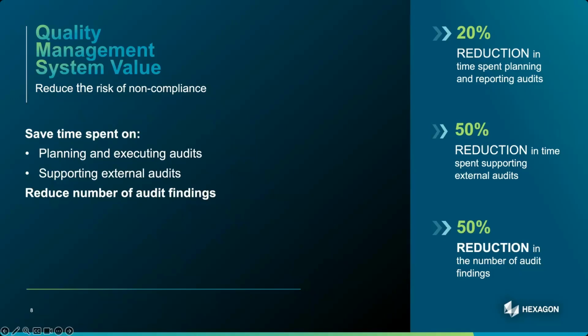These are real results that our customers received using a QMS. And it's pretty significant. And it all leads to improved productivity. So your teams just aren't there to support audits, but they can now go and focus on more strategic activities.